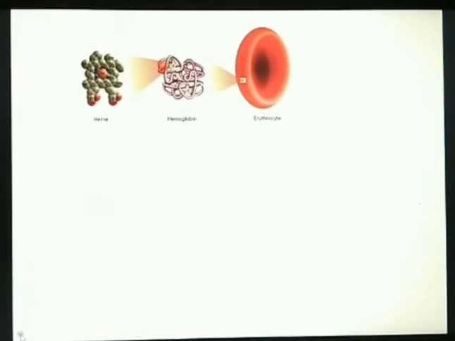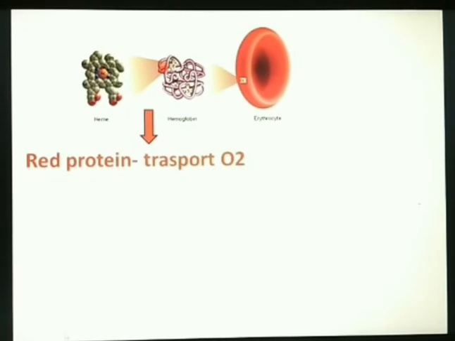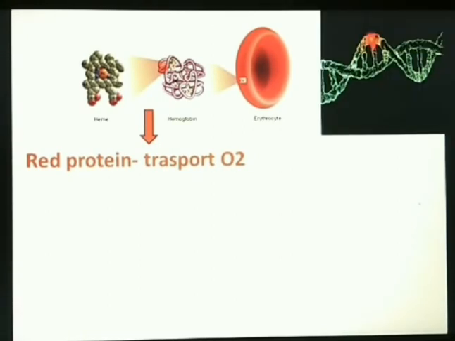Our RBCs have hemoglobin, that is the red protein that transports oxygen from the lungs to all parts of our body, right? And this is because of a gene that tells our body to make an iron-rich compound that will make our blood red and enable the transportation of oxygen to various parts of our body.